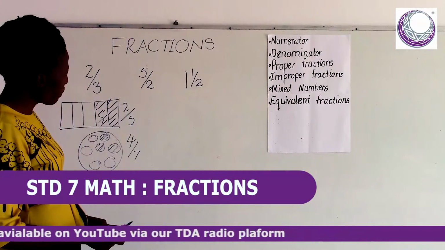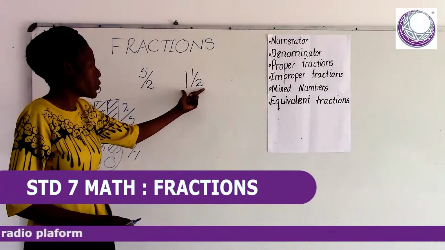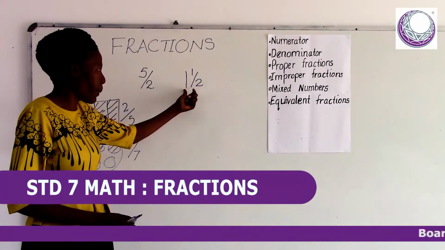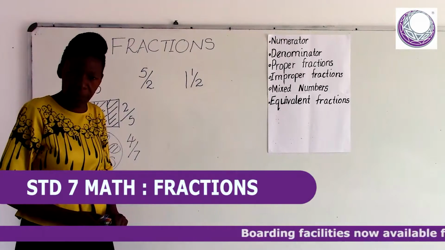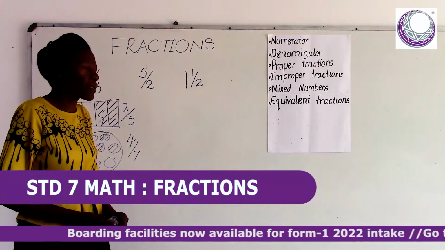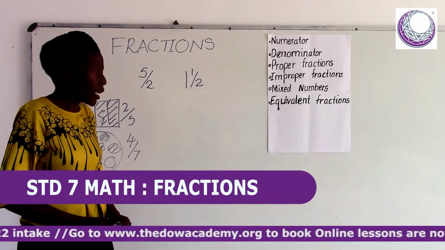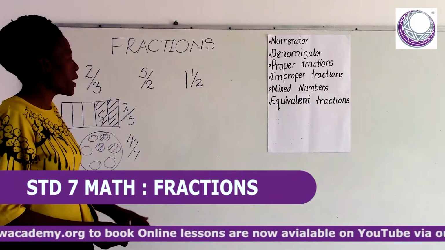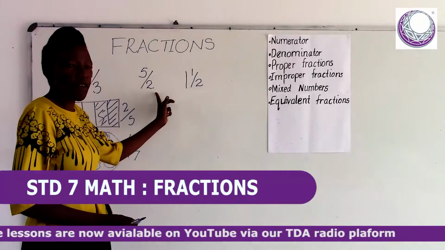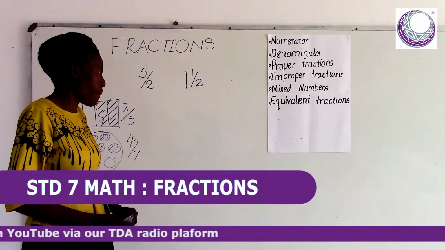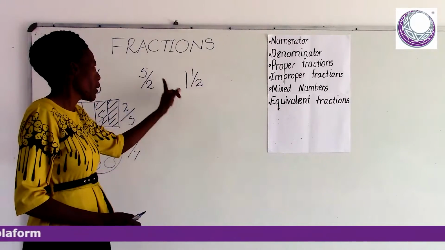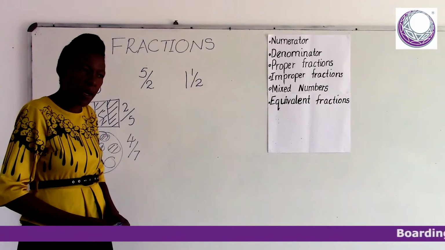Right. From there, we see this one, where we have a whole number and a fraction. This is called a mixed number, where we have a whole number and a fraction. As you go on, you'll understand how an improper fraction becomes a mixed number, and how a mixed number can be an improper fraction.